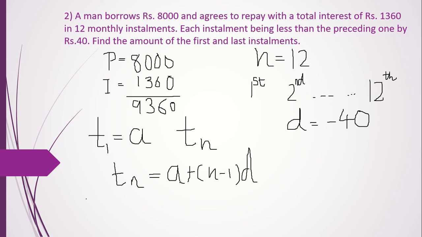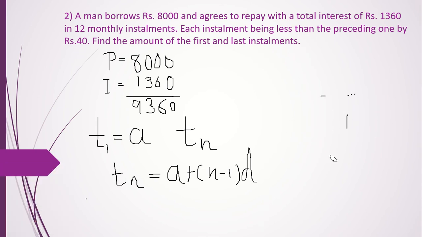But we don't know the nth term, and we don't know this first term a also. So this Tn formula we will be using later. Right now we'll be using the Sn formula. Sn means the sum of all those 12 installments.